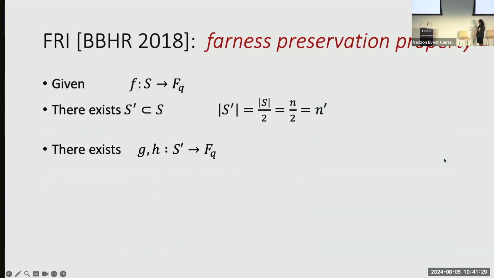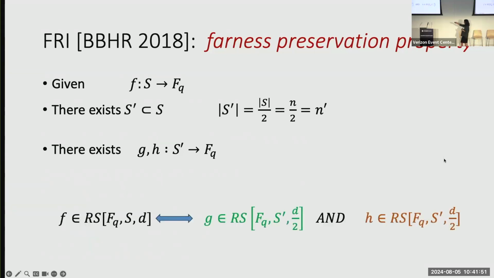Okay, so let's focus on the farness preserving property. Let's forget how g and h came about, and we'll focus on this act of taking random linear combinations of 2 functions. So we're given f on a domain of size s. In this transformation, what we got was there was a subset of the domain s prime and 2 functions g and h defined on s prime.